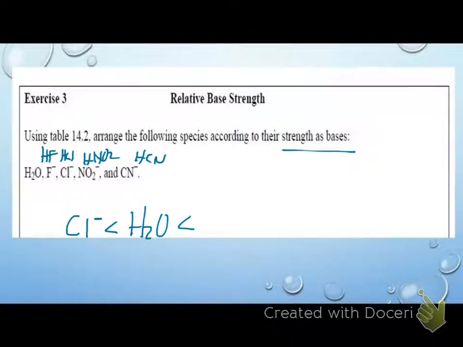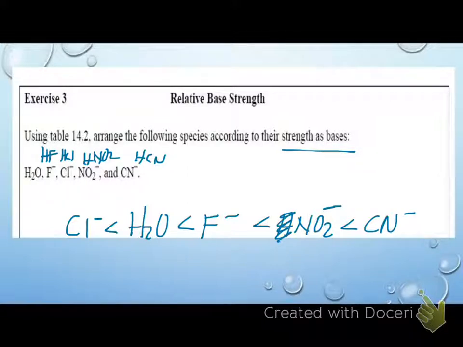I think it's the fluorine. Then you have to look between NO2 and CN. Which one is the weakest acid of all of those? The HCN is. So then this would be NO2, and then CN. Those would be the strength. So you have to look at weak makes strong, strong makes weak.